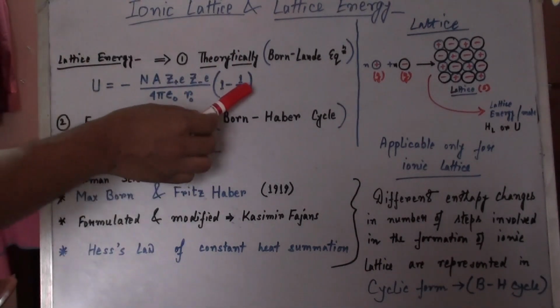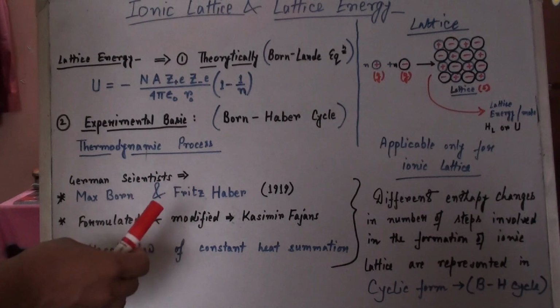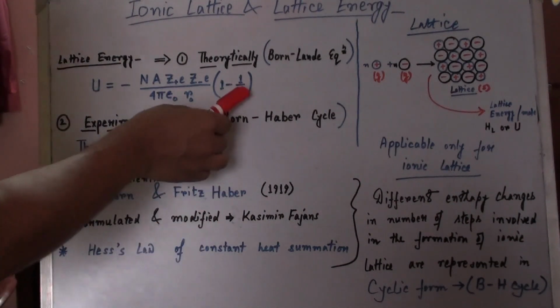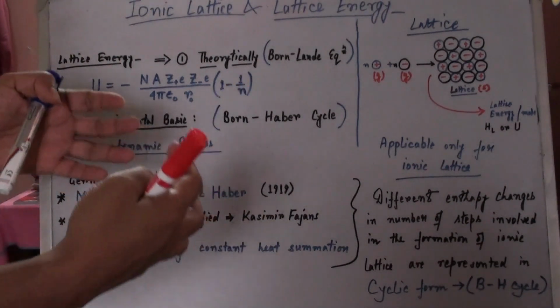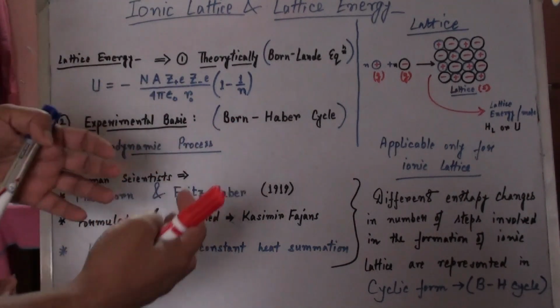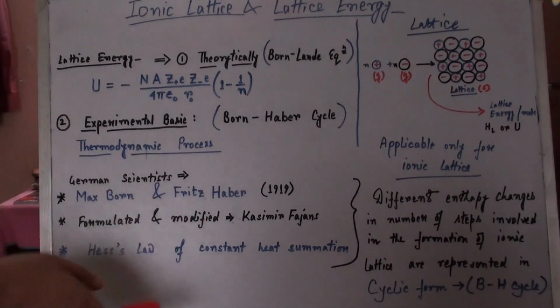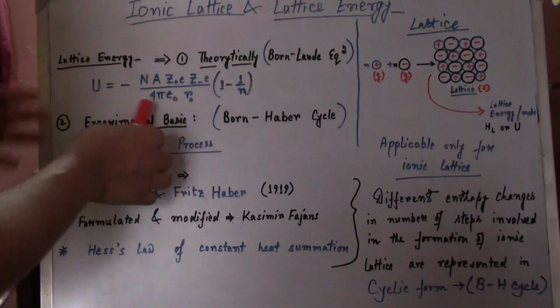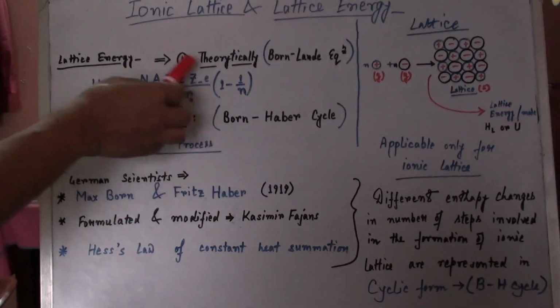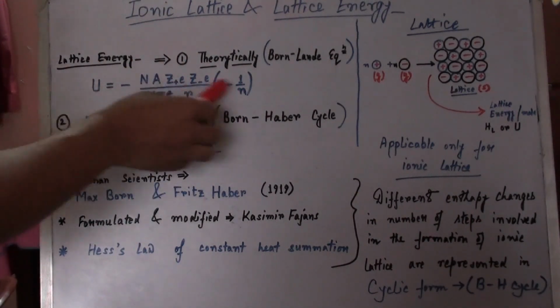It is used as the repulsive parameter, measuring the repulsion between two ions of similar charge. So theoretically, by putting in these values, we can calculate the lattice energy.